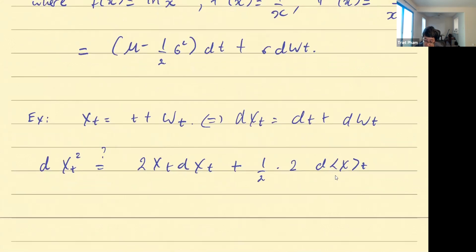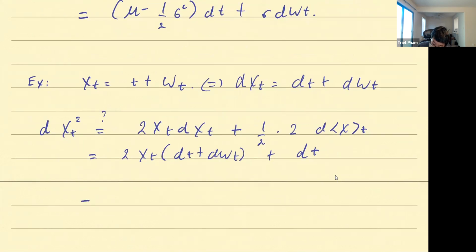So in other words, it's going to be 2 X_t times (dt plus dW_t) plus the quadratic variation of X_t, which is just dt. So it's exactly 2(t plus W_t)(dt plus dW_t) plus dt.